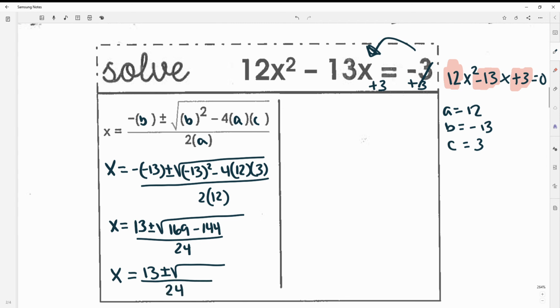So 169 minus 144 is 25. Alright, so then I have x equals 13 plus or minus the square root of 25, which is 5.